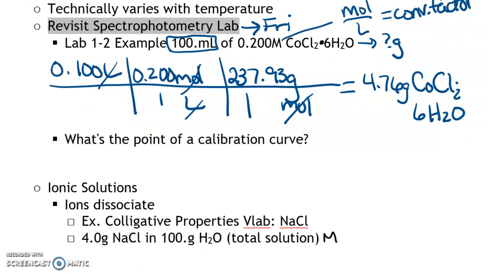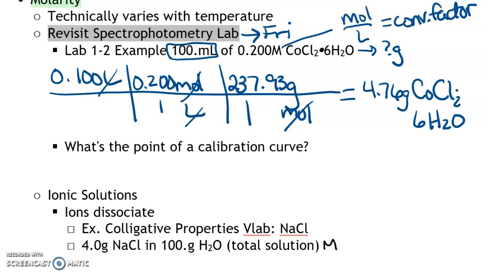You guys are going to be looking at creating a calibration curve. And so that's going to generally look like a linear graph, at least hopefully. Okay, we're going to have our absorbance on the y-axis, and we're going to have our concentration in molarity on the x-axis.